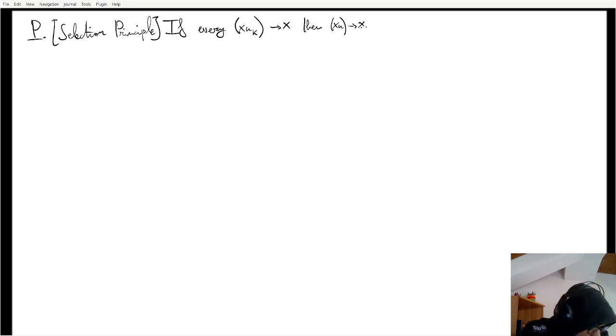And if the sequence is bounded and every converging subsequence has the same limit x, then the sequence converges to x.